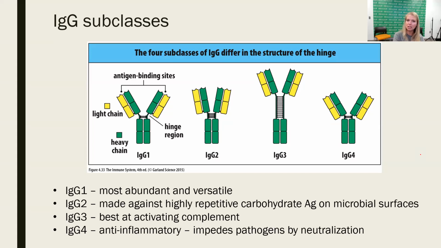IgG3 is going to be the best of IgG at activating complement. And then IgG4 is going to be really great at neutralization. But really all of these IgGs can do a lot of these different functions. So I just have them here to see that they are slightly different, but they still have the same number of segments and the same number of antigen binding sites.